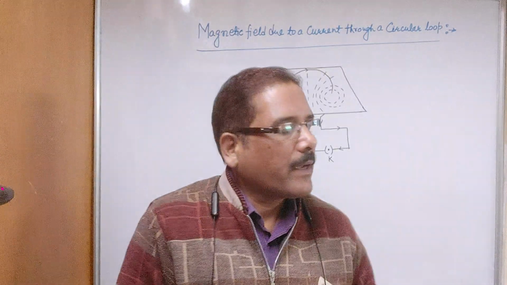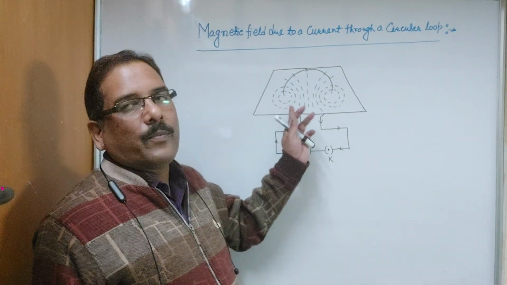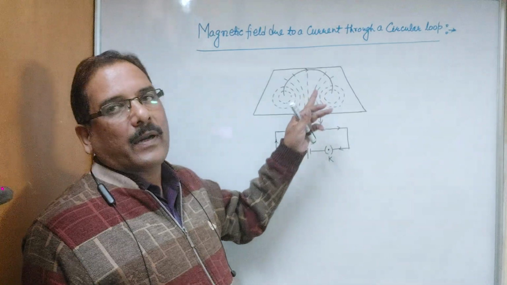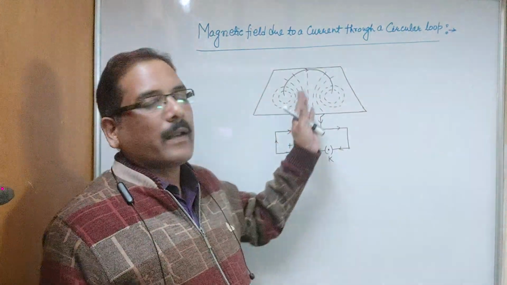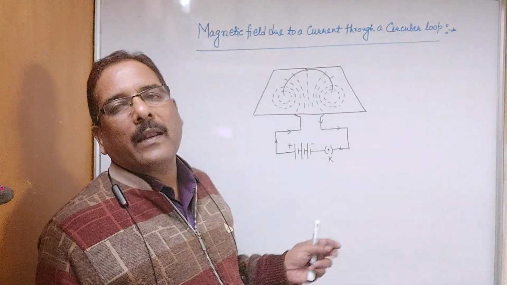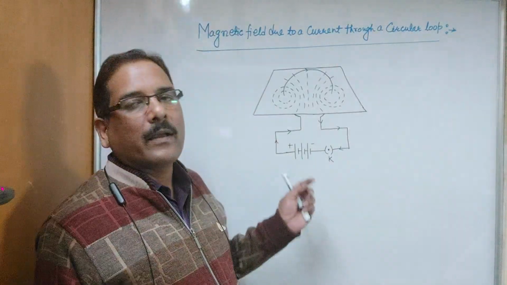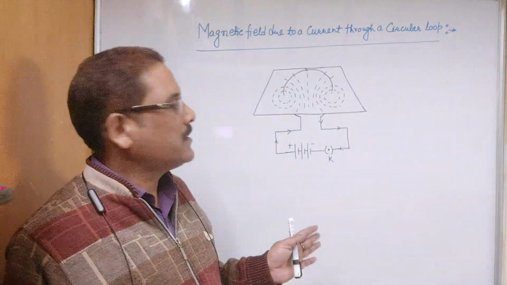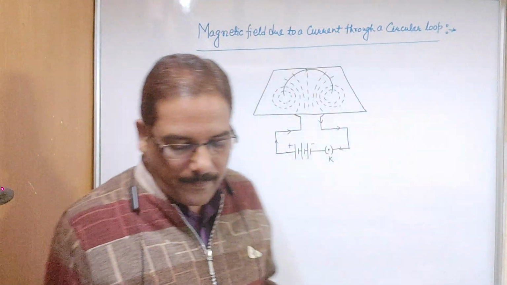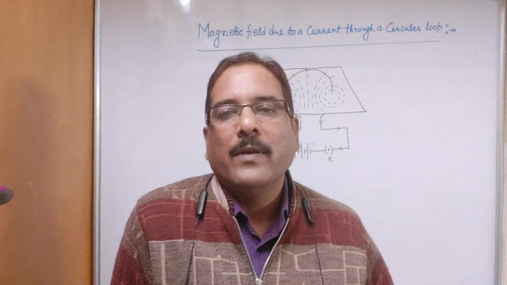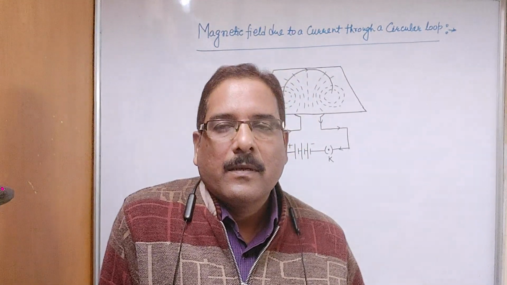Now here we have taken a circular loop of a single turn. But suppose there are n turns, where n means any number, suppose you have taken 2, 3, 4, 5 turns, a coil, then the magnetic field will be n times.